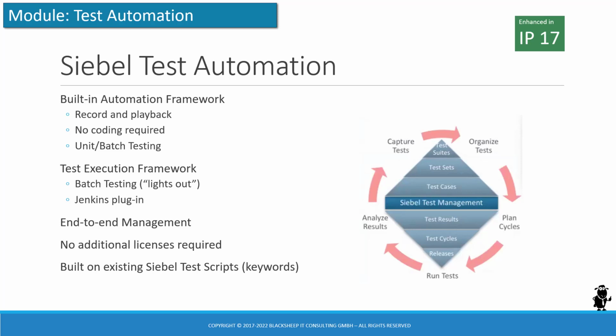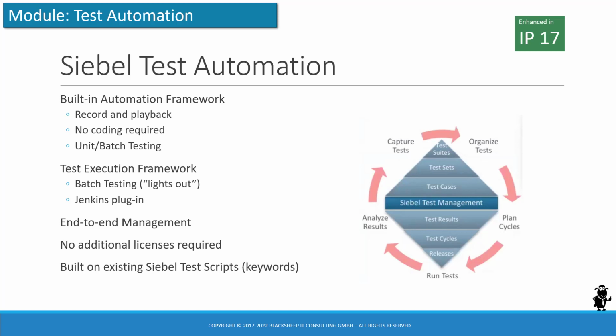Another area of a lot of enhancements in IP17 is Siebel Test Automation. So a feature that exists in Siebel for a long time is now enhanced with built-in automation framework for recording and playback that does not require any coding, and so is ideal for creating unit tests and combining them into batches of tests. The new test execution framework is available to run these batch tests in a lights-out fashion, if you will, using a plugin for the open source Jenkins automation server.